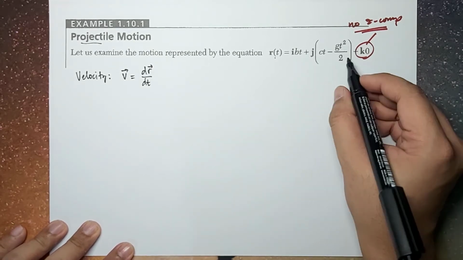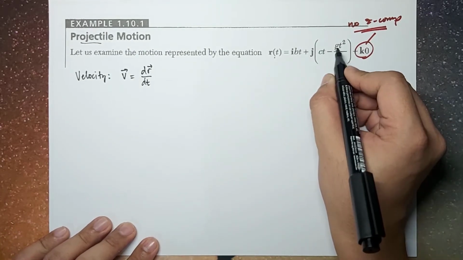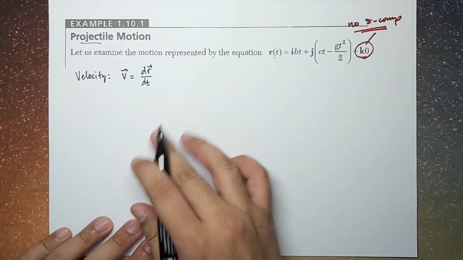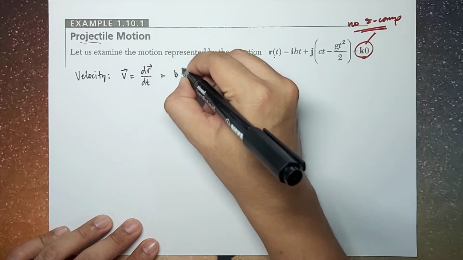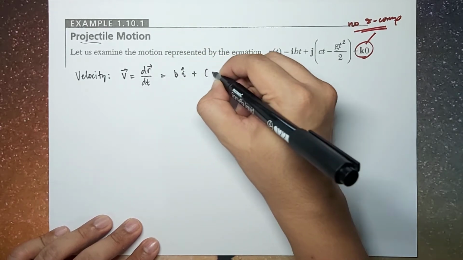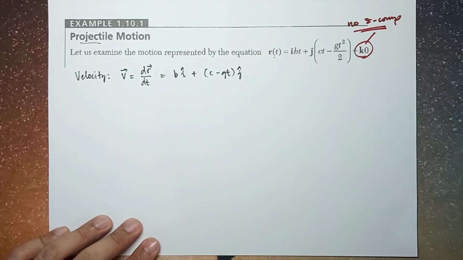Differentiating this, i and j are constants, and b, c, and g are also constant. So we end up with this expression: b i hat plus (c minus gt) j hat.